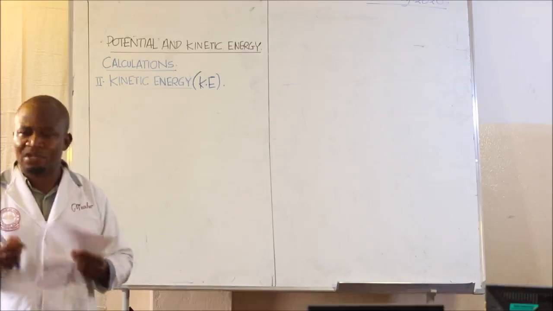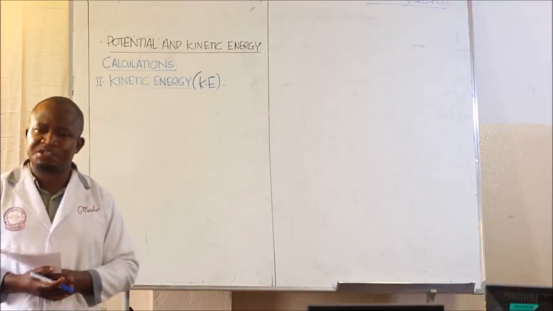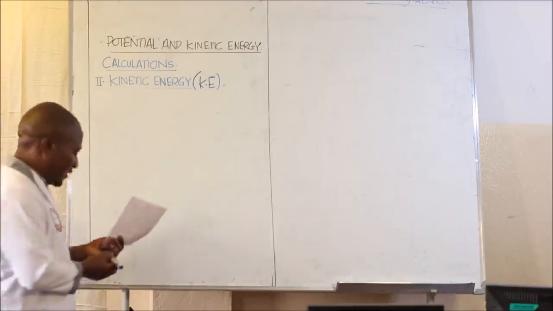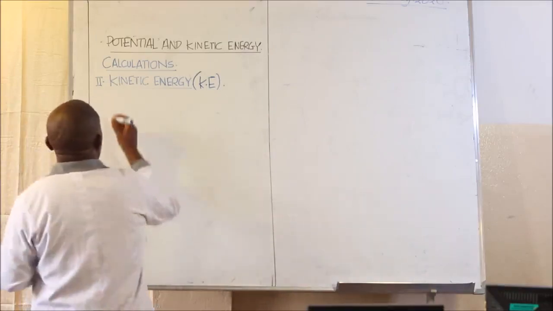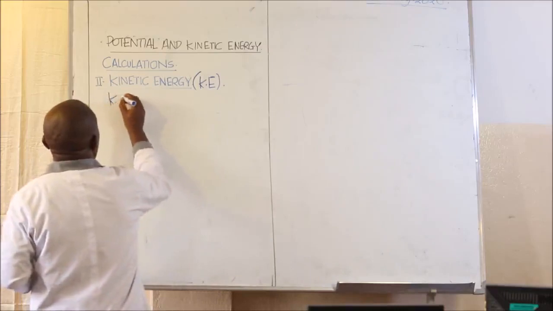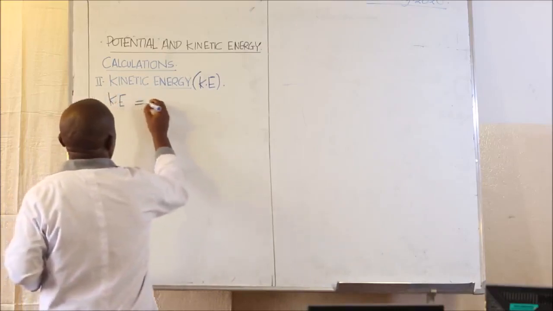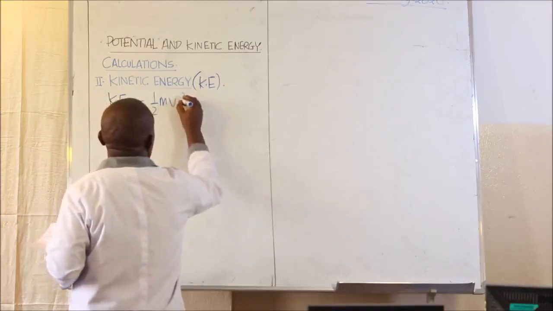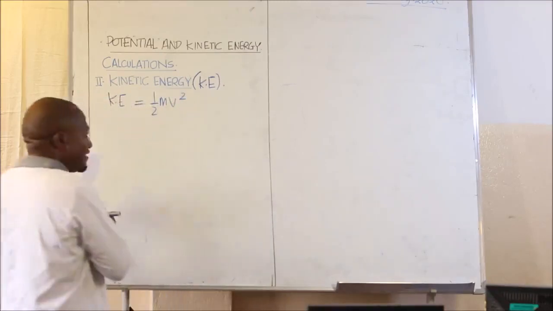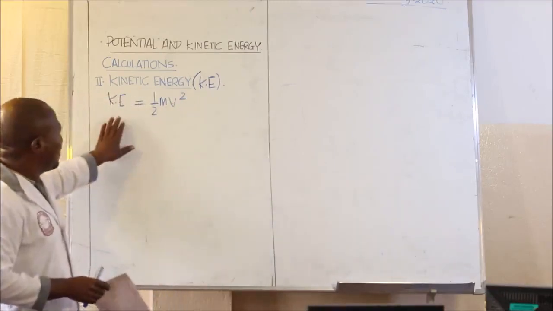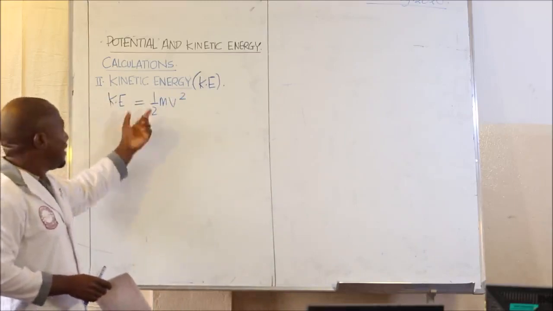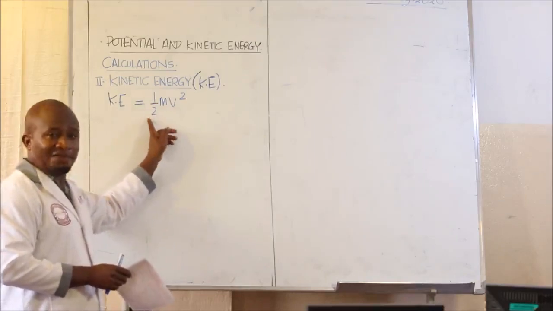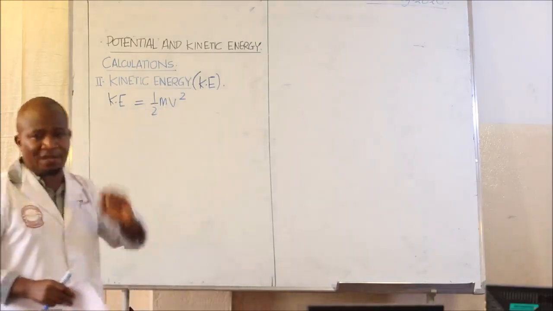Without the formula, you cannot do calculations correctly, so the formula should be correct. What is our formula? Our formula is kinetic energy of a moving body, KE, equals a half mv squared.